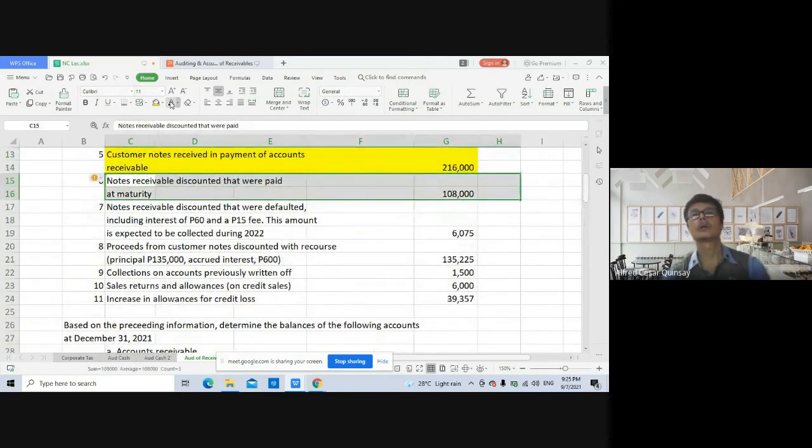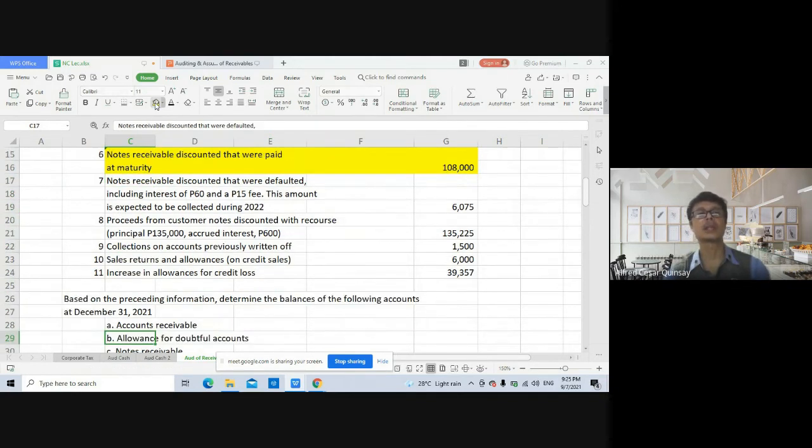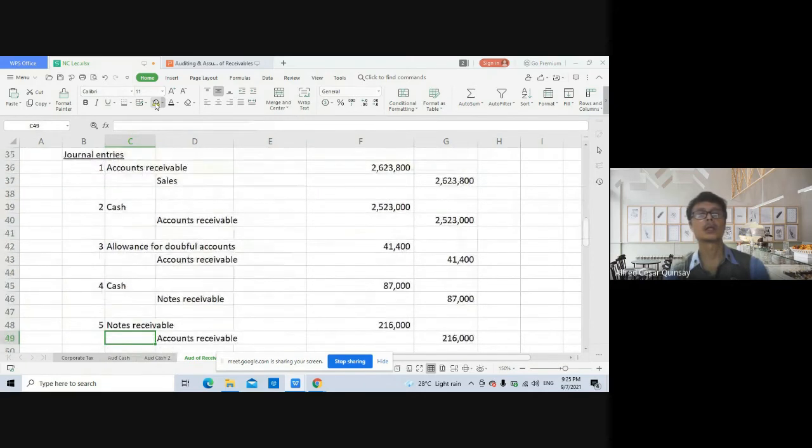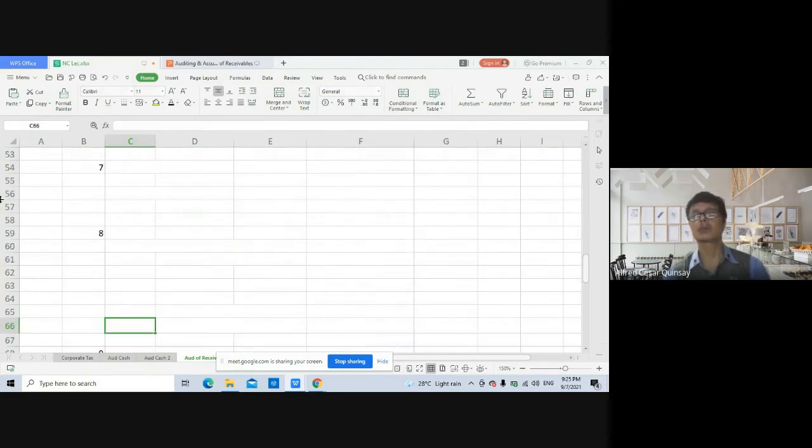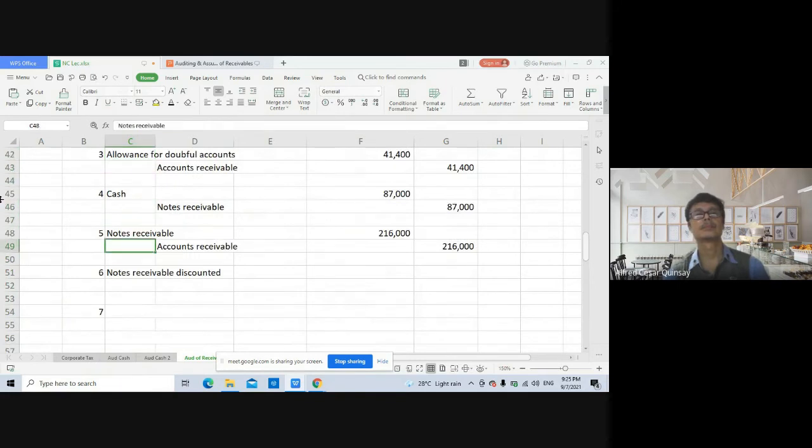So this one, which is notes receivable discounted that were paid at maturity. Yan. So discounted that were paid at maturity. Okay, so debit, so binayaran na. Okay, so debit, notes receivable discounted. This is for 108,000 and notes receivable.